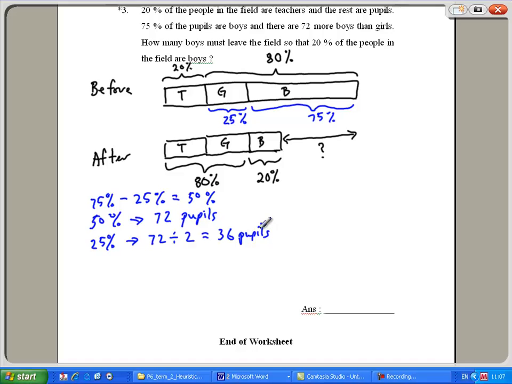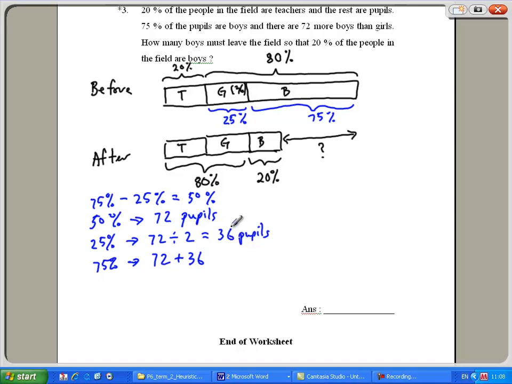So the girls, that's 25%, 36 pupils. And the boys, let's find the boys. Boys would be 75%. 50% is 72, plus another 25% will make 75%.